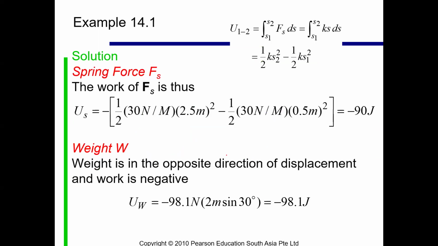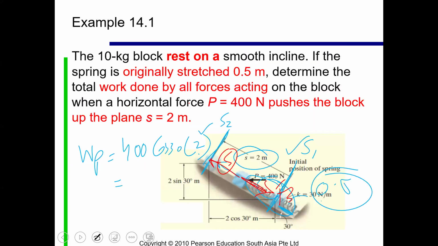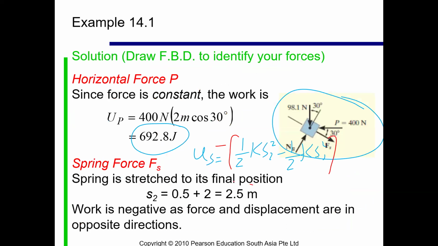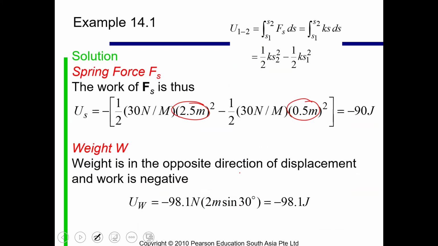So you need to realize this. S1, you know, is half, this one, 0.5. The final stretch in the distance is here. If you look back here, this is S2, S1. S1 has this much value, 0.5. S2 has the total stretch, 2.5. That's why this stretch is mentioned here. The final S2 stretch is equal to 0.5 times 2.